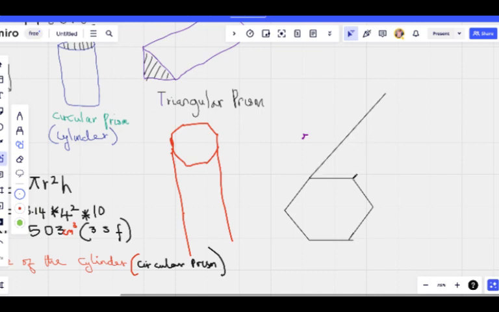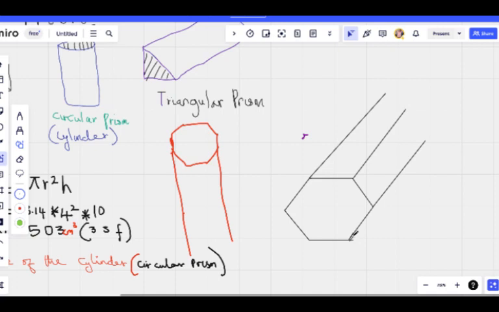Okay, at least you see what we are doing, right? We are just trying to show the hexagonal prism.